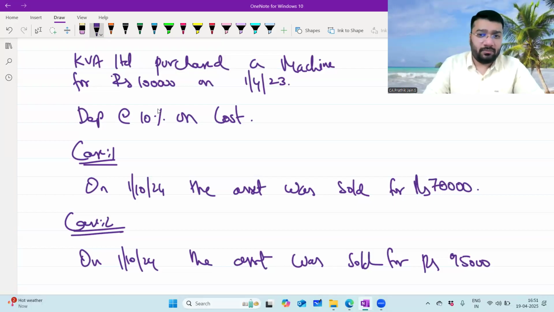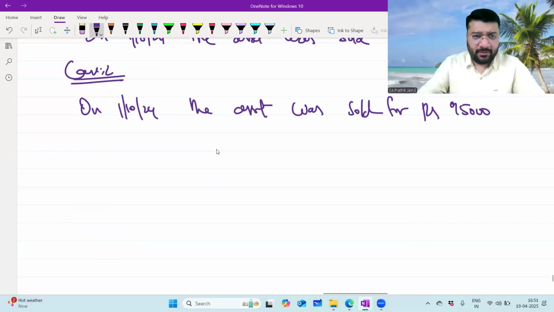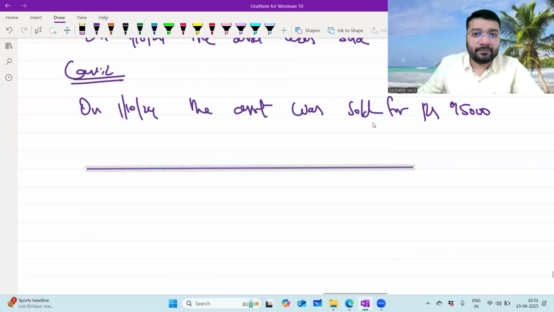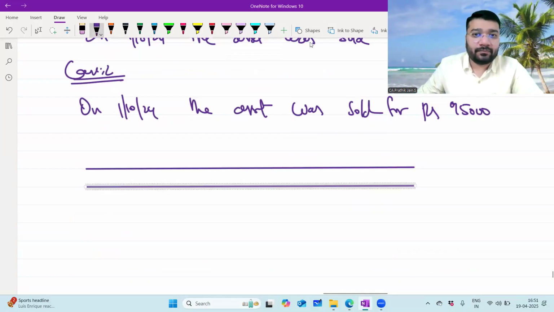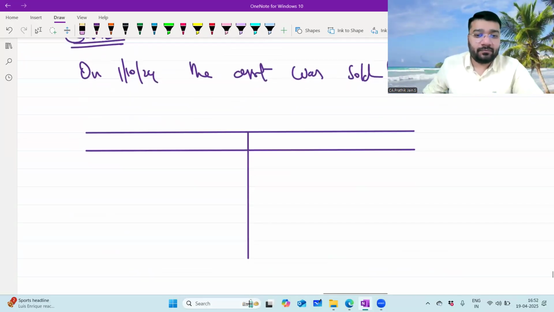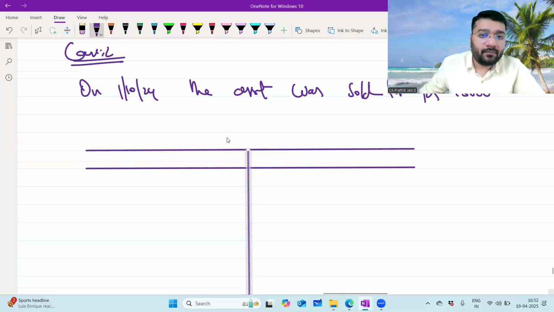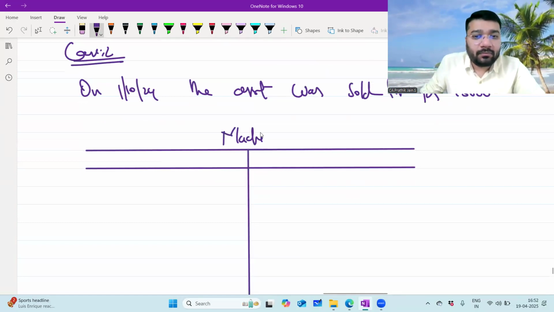Done? Now, open the ledger, please. Machinery ledger. This is the debit side, this is the credit side.